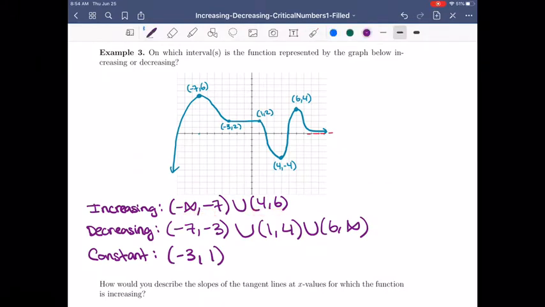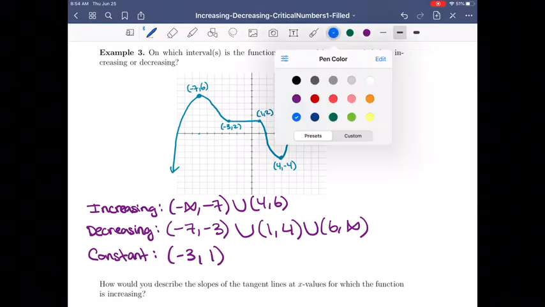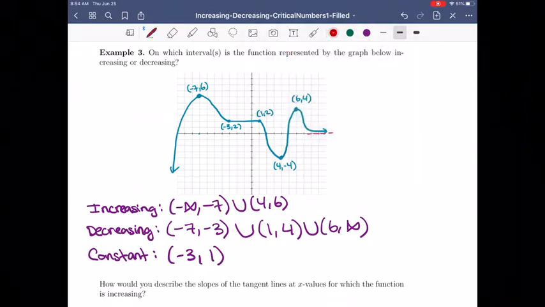So I'm going to draw some tangent lines. Okay, so when I'm, say, at -8, my function is increasing. And when I'm down here, my function is increasing. When I'm up here, I still say it's increasing. When I'm down here, it's increasing. So what do all these slopes have in common?